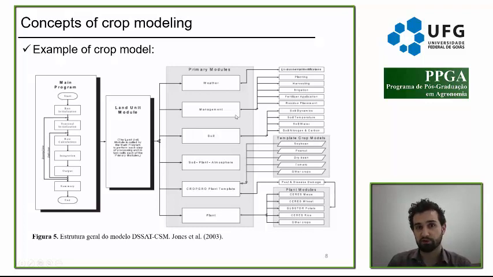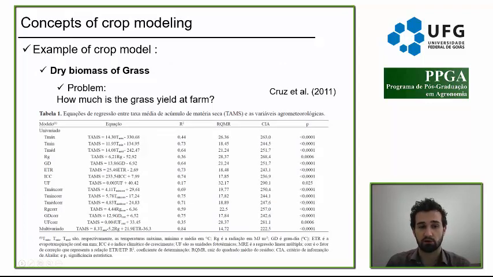So this is a very simple representation of this model that you're going to use in the second half of our course. Here's another example. So we have these different levels of crop models. The previous one is a very complex model, but you can use also very simple equations to represent different crop growth conditions and get the results that you need.